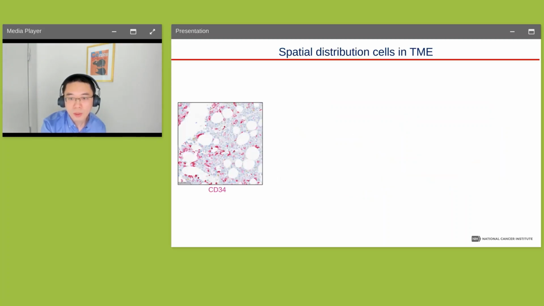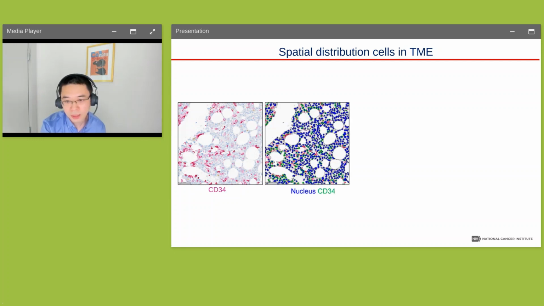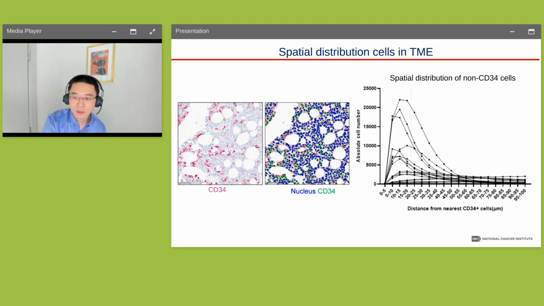So in this way, first we want to know how we are going to define the near and the far. Using the traditional IHC staining, we can identify those CD34 expressing leukemia cells, and we can also identify the surrounding cells. We measure all the distances, and we see there is a significant increase in the enrichment of cells within 20 microns of the leukemia cells.